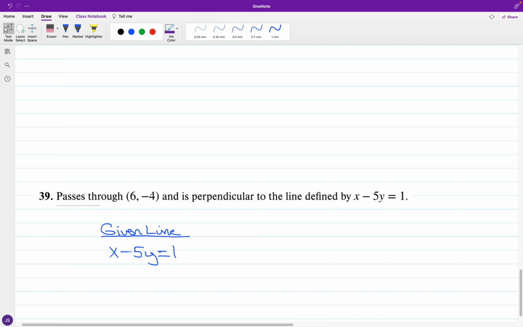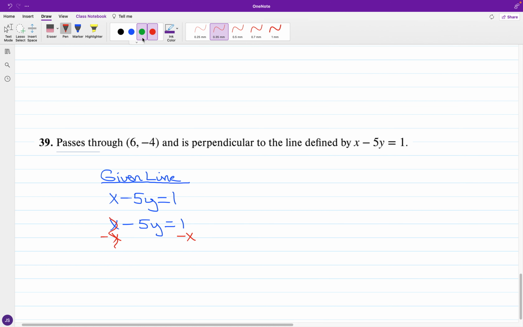And just looking at rewriting this equation in slope-intercept form, okay, so if I just move the x over, so now we're going to have -5y is equal to -x plus 1.